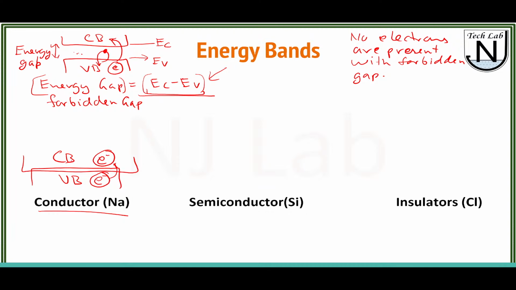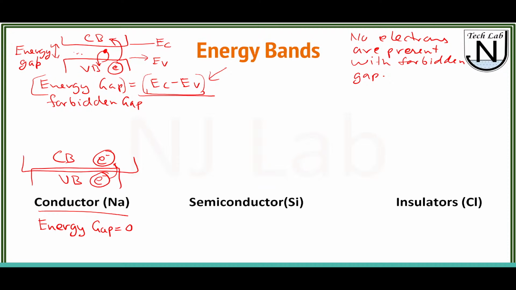As such, no energy is required because the bands overlap. It means the energy gap is zero. There is no gap between the conduction band and the valence band of the conductor.